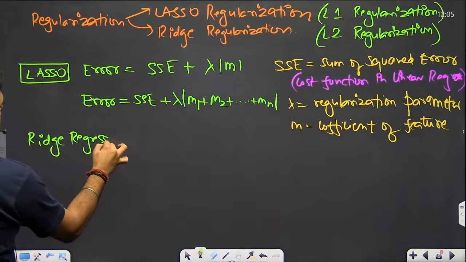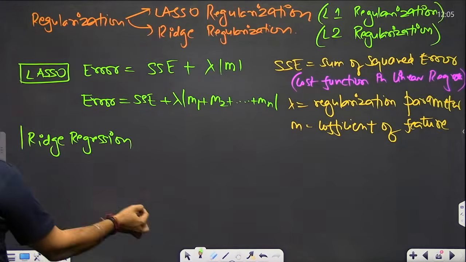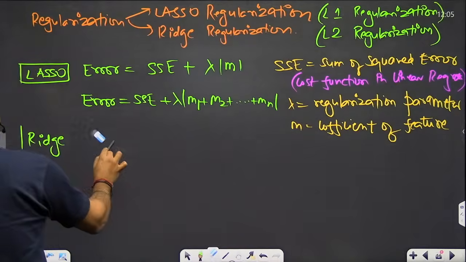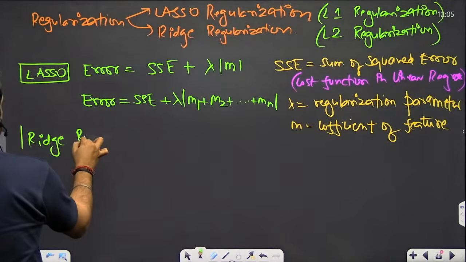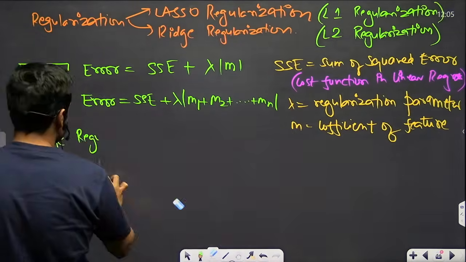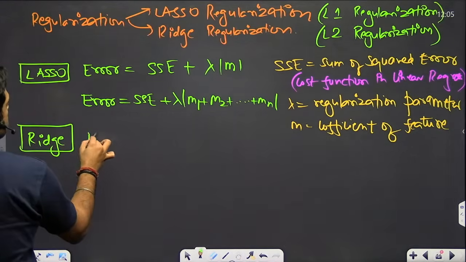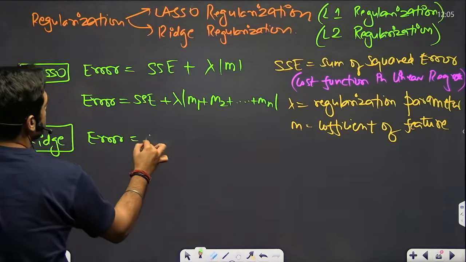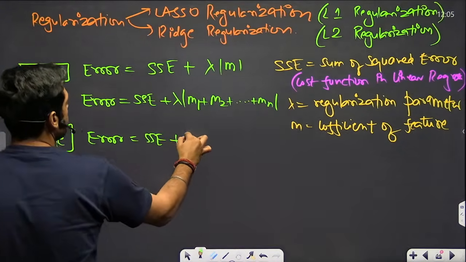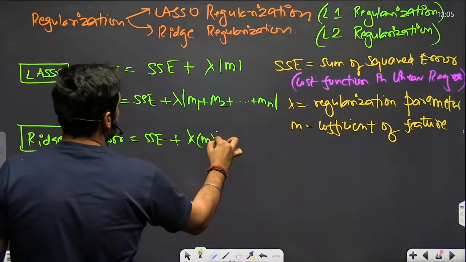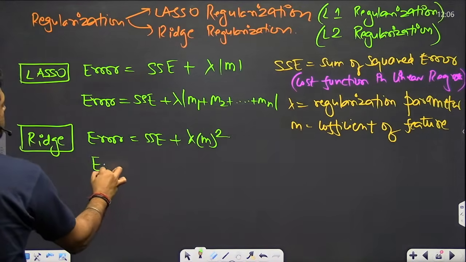And for ridge regression, ridge regularization, the error is SSE plus lambda times m square. This is for simple linear regression.